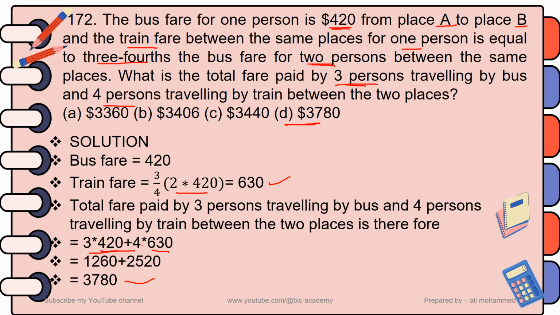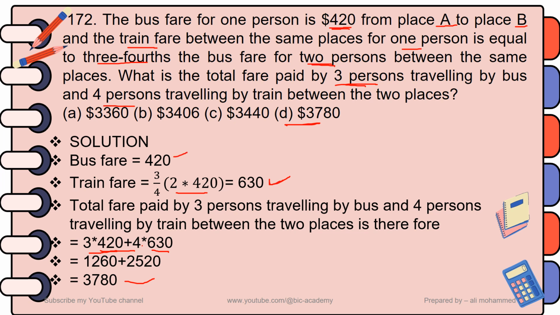And what is required is the total amount paid by 3 persons traveling by bus and 4 persons traveling by train. So you have to follow all these steps to get the answer for this question.